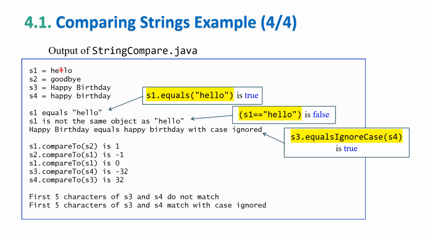Note that for ASCII characters, or for English characters, the lexicographical order is the same as the alphabetical order. So when S1 and S2 are switched in the call to the method compareTo, like this, the result is a negative number, and here it shows -1.